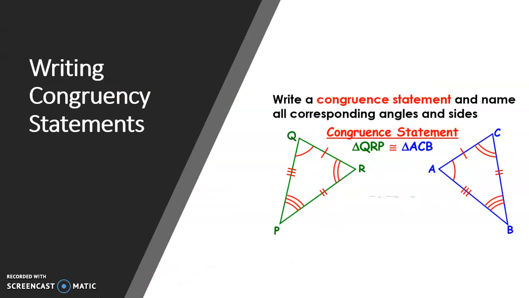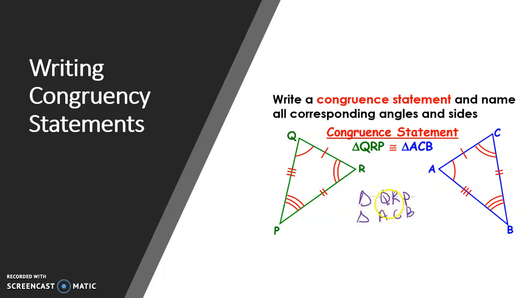Let's write a congruency statement and name all corresponding angles and sides. Our statement has been given to us. Triangle QRP is congruent to triangle ACB. Sometimes it helps me when I'm given the congruency statement if I write them like this.